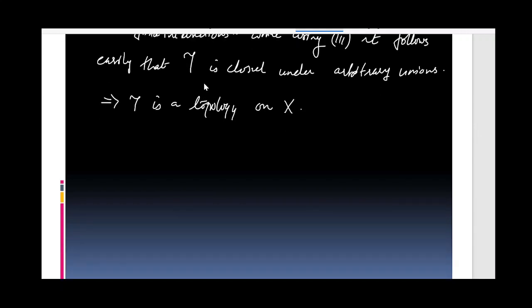Now we want to prove that if at all such a topology exists, then this collection Nx will coincide with the neighborhood system of X with respect to this topology.